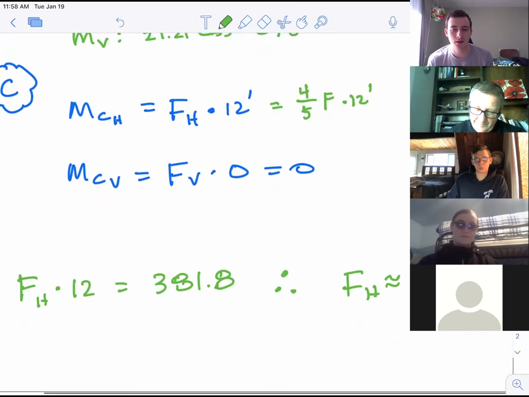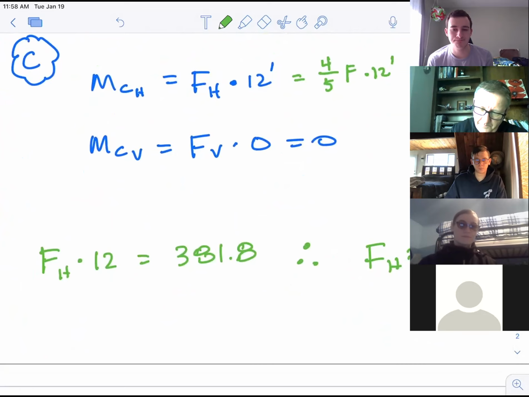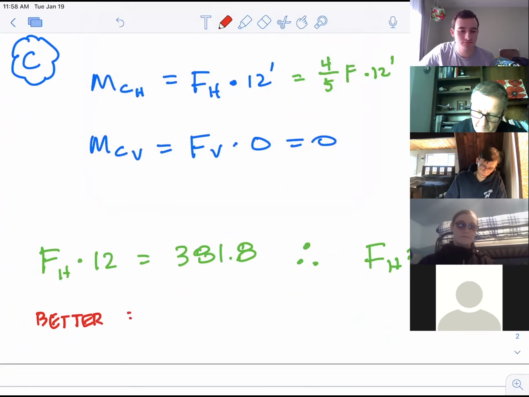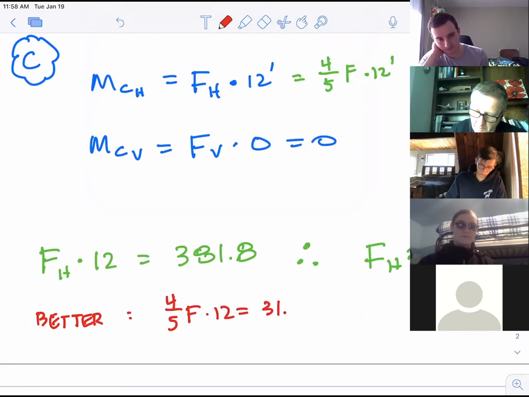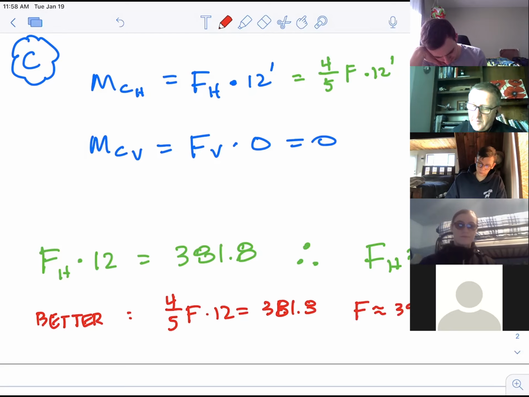So, switching to red, better would have been to say 4/5 of the force times 12 equals 381.8. So I'm dividing by 12 and dividing by 4/5, and I get 39.77 for the actual force. Again, the back of the book is going to call that 39.8, right? 3 numbers.